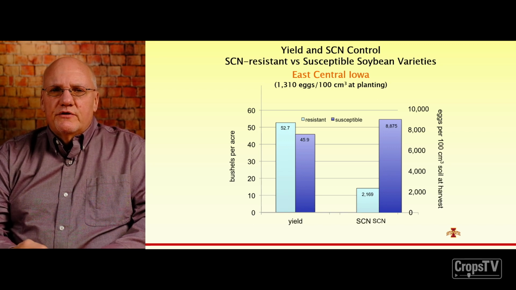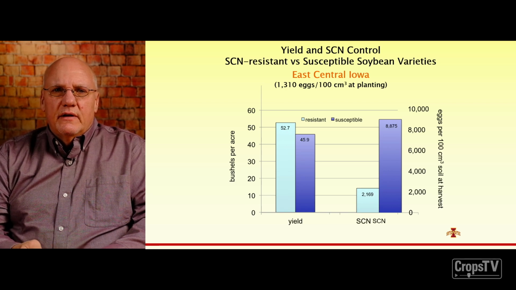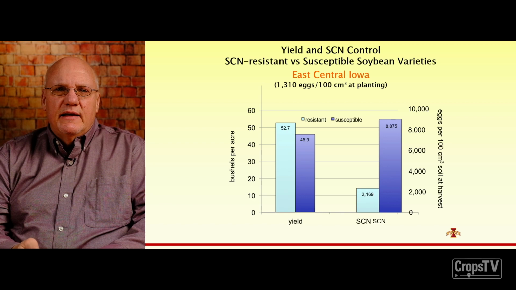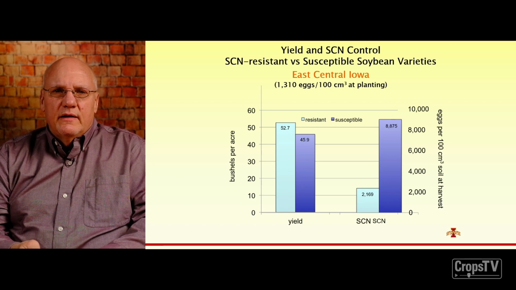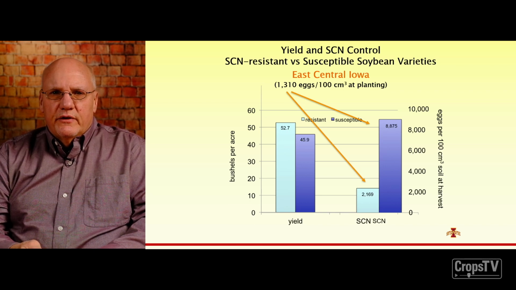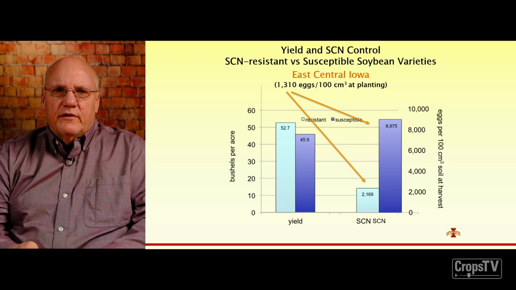So the 2 bars that have just popped up on the screen on the right are the end of season SCN numbers under the plots that produce the yields that are shown in the left 2 bars. And so in addition to that yield benefit, we saw in this experiment, and it's very typical, that the egg count stayed about the same under the resistant soybean varieties, but egg counts were almost approaching 9,000 at the end of the season under the susceptible soybeans.